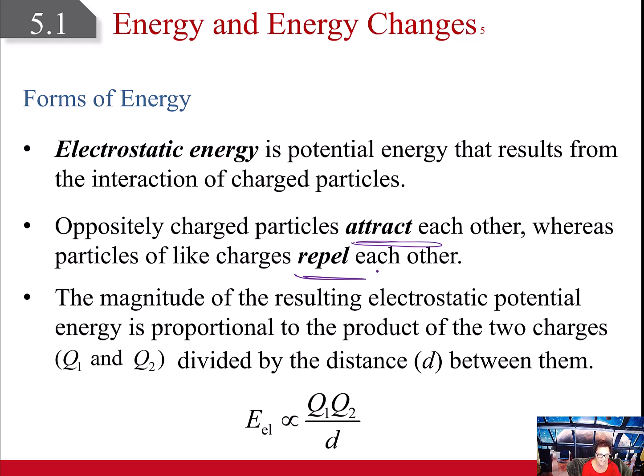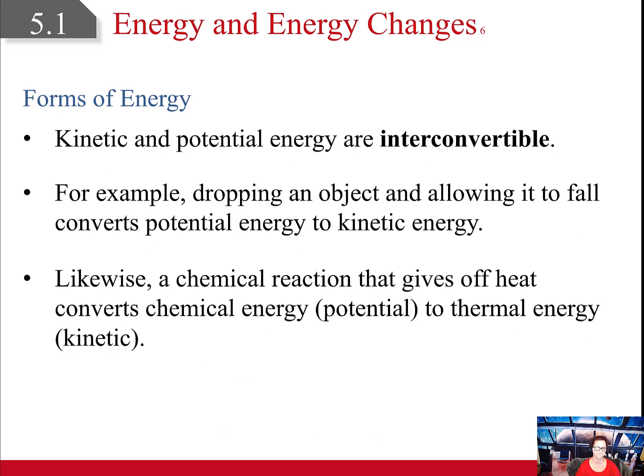And electrostatic potential is proportional to a couple of things: the distance between the two charges and then the product of the charges. Now, we're not going to be looking at electrostatic, but you do need to know what it is, since it is a type of potential energy that's used in science.